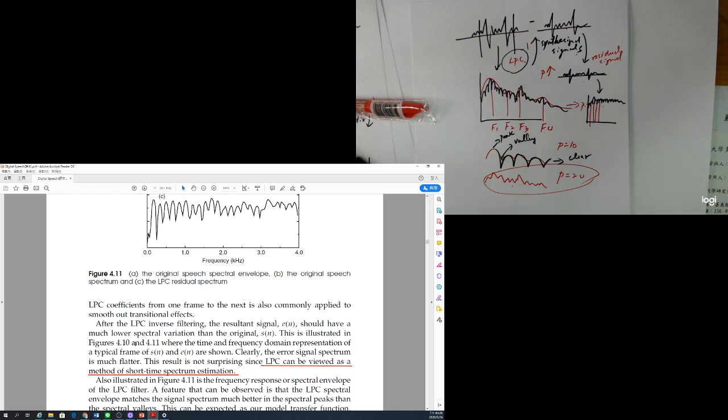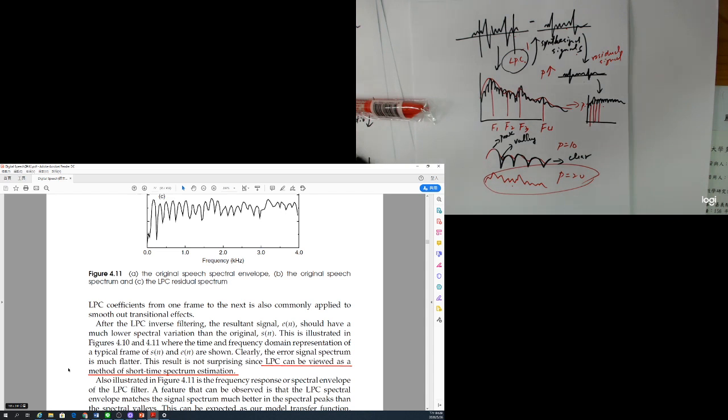Traditionally, we are trying to recognize linguistic information, most of it based on 4 formants. So P bigger than 8 is good enough. In standard practice, most standards use P equal to 10.